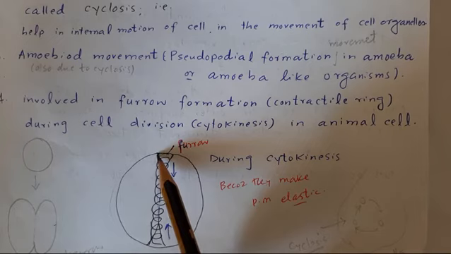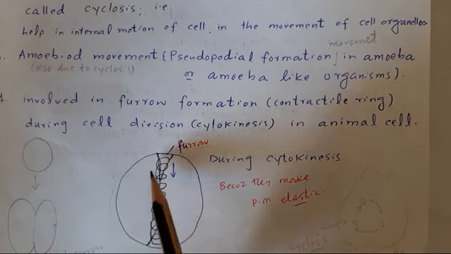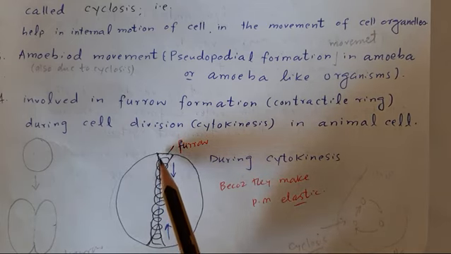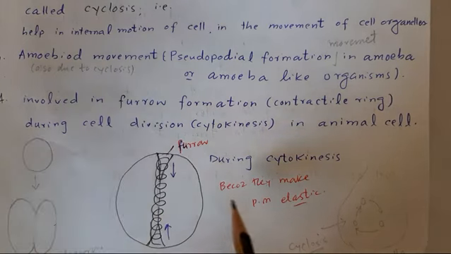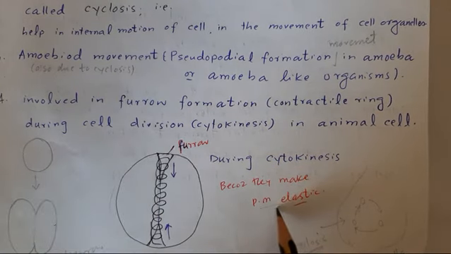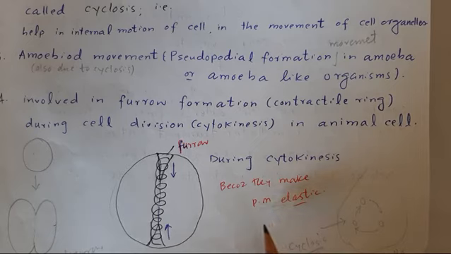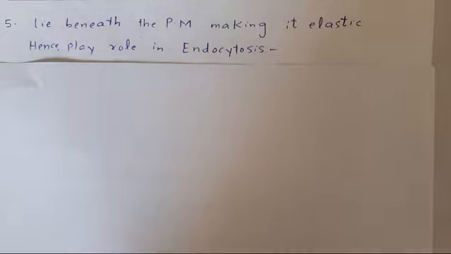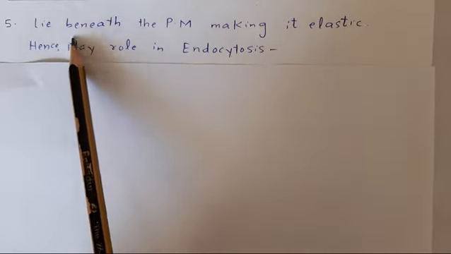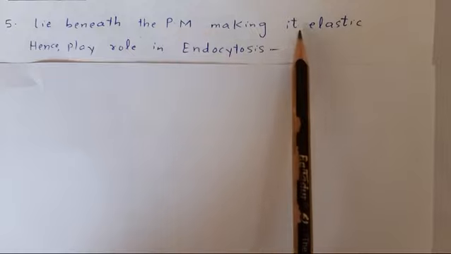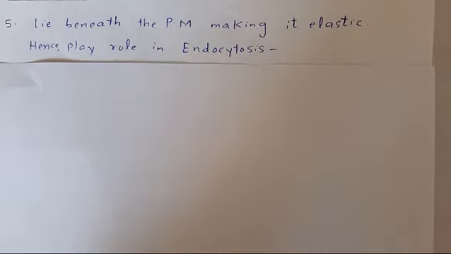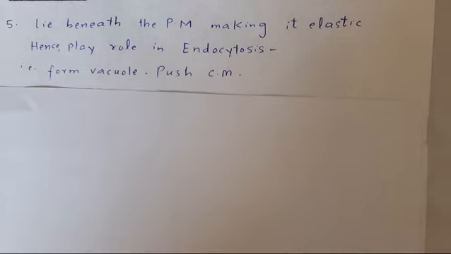So this enfolding is due to microfilaments because they make plasma membrane elastic. Fifth, microfilaments, as you know, lie beneath the plasma membrane, making it elastic, so hence play a role in endocytosis. That is, they push the cell membrane and form vacuole.